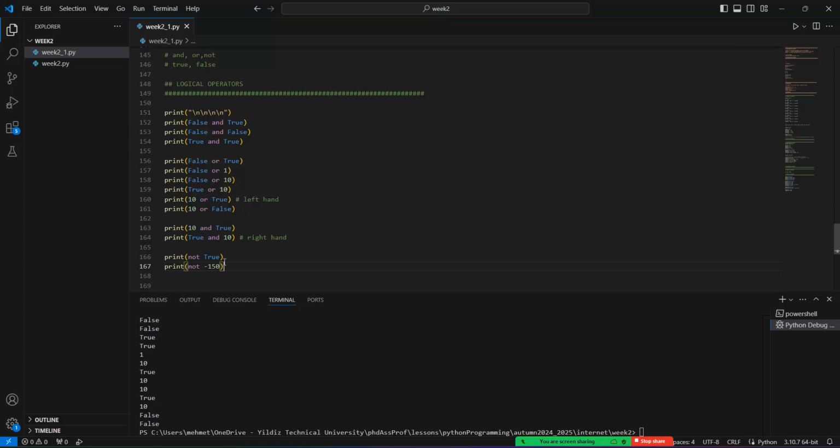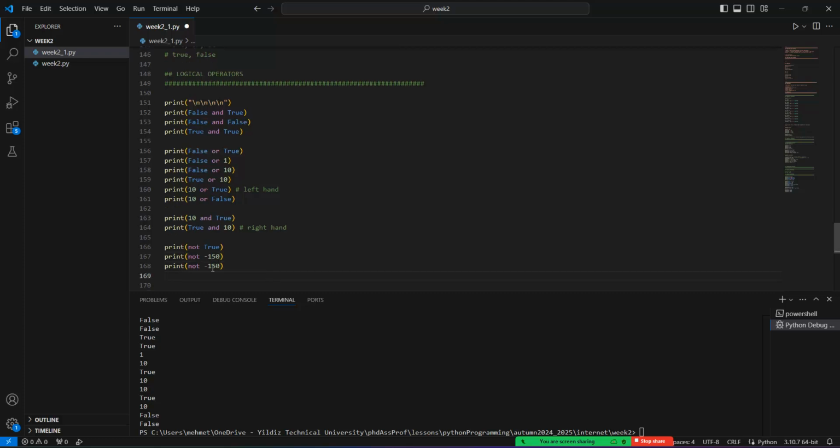Yes, this is false. But why? This is non-zero. Okay. What is the output of this code? Not 0. This is true. Yes, true. Okay.